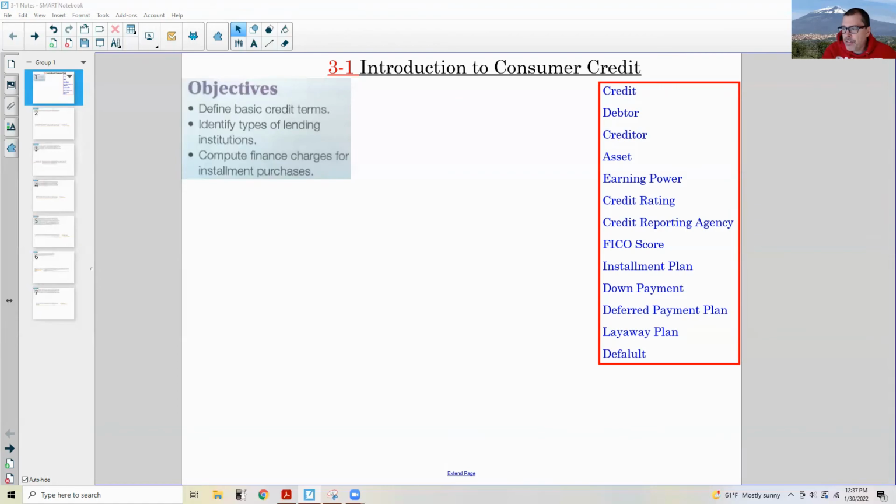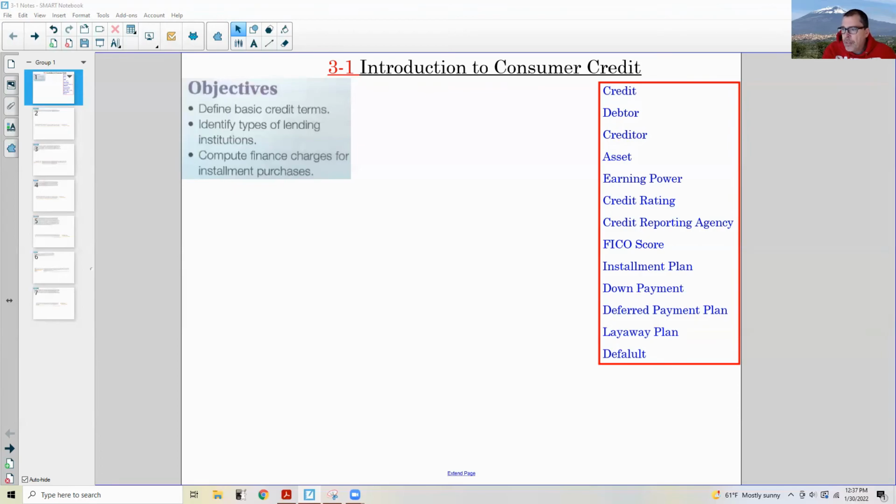That company takes into consideration everything that you have charged and how you've paid, and comes up with a score. It can be anywhere from usually 300 to 850. I've even seen some reporting as high as 900. Okay, so that's the FICO score.